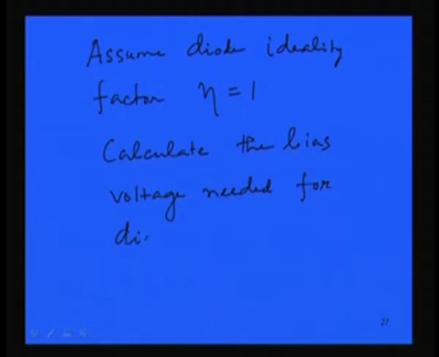For diode current of 1 milliampere, what will be the bias voltage to be applied, and also when the diode current is 100 milliampere. So, these three cases: first of all it is given at 10 milliampere, then you have to find out for 1 milliampere and 100 milliampere at the same temperature. Temperature does not change.